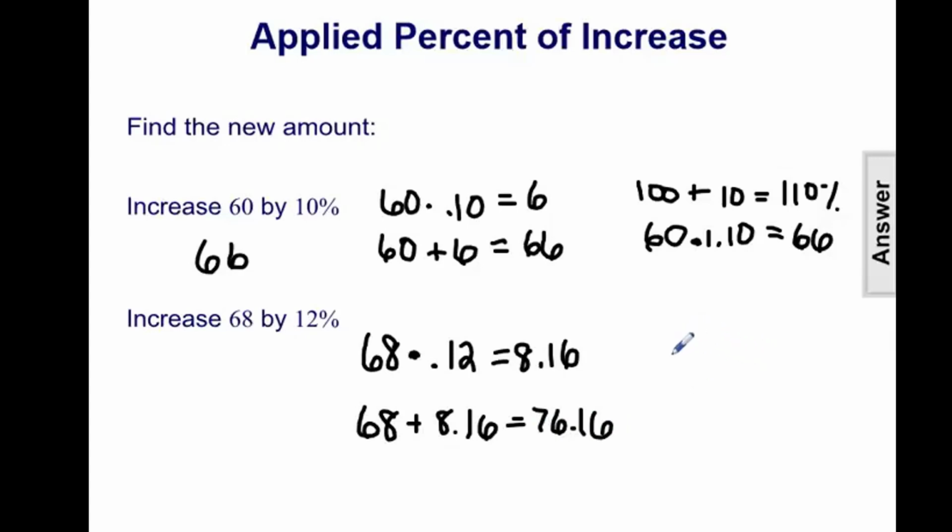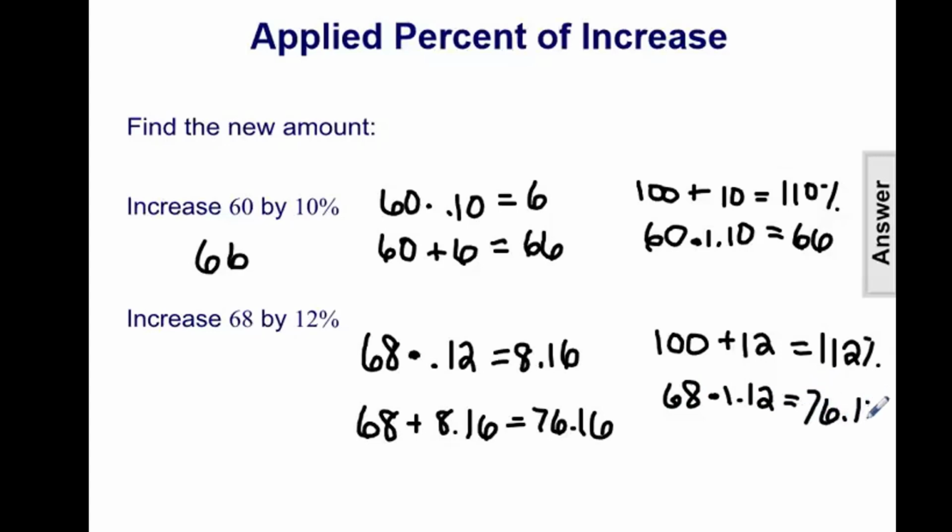The second method, you're looking more at the percent, where you're adding 12% to 100%, so you're really going to be paying 112%, and 112% of 68, or multiplying it by 1.12, is going to give us 76.16, the same amount. So either method will work, it's just whichever one you prefer to give you that new amount.